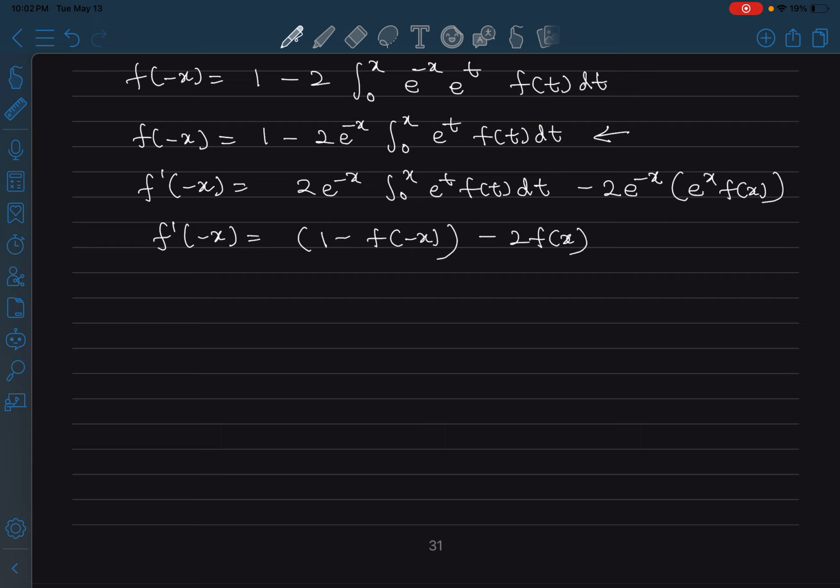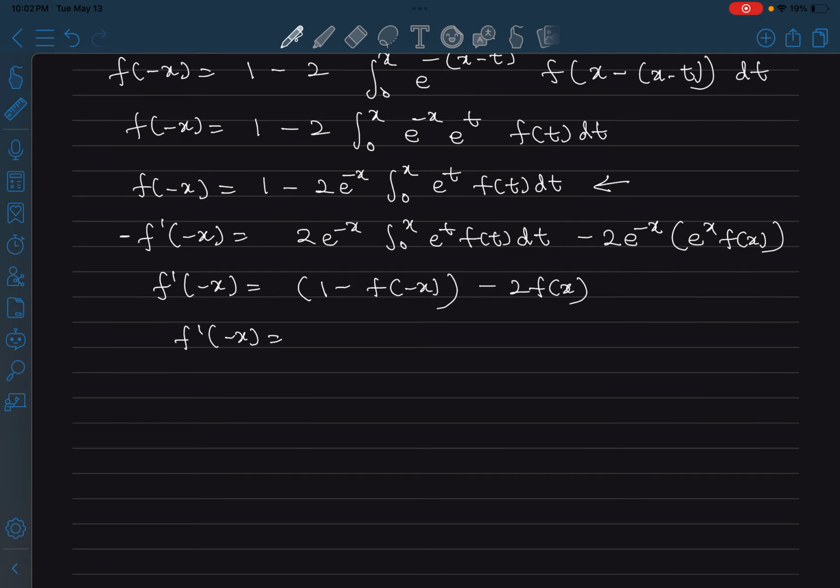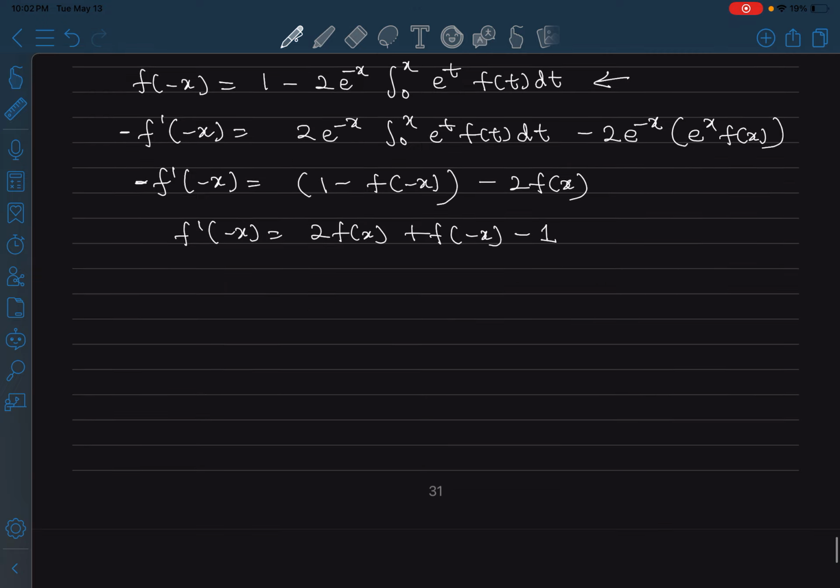So we just have f of x now, and that's really nice, right? Oh wait, when I differentiate, there's a negative sign, I forgot that. So now I can write it as 2 f of x plus f of minus x minus 1. I'm taking this negative sign to the other side.